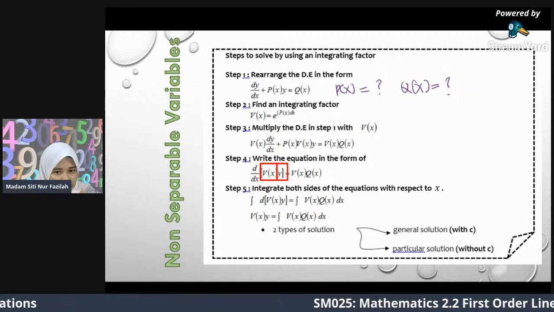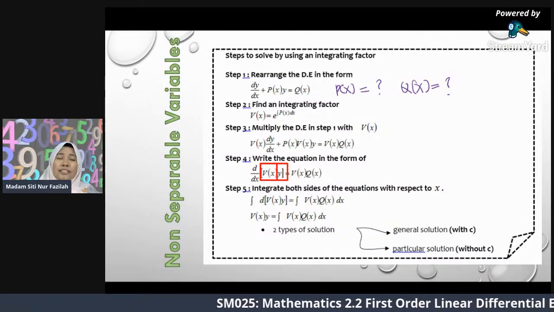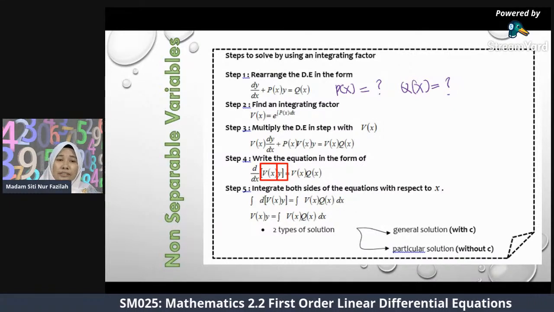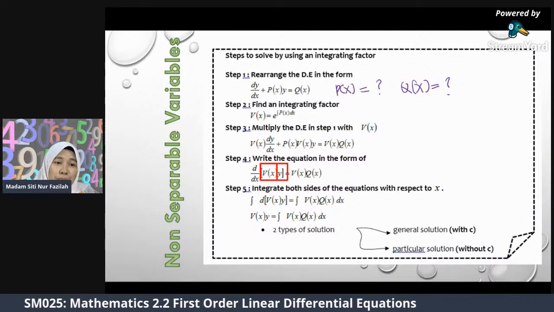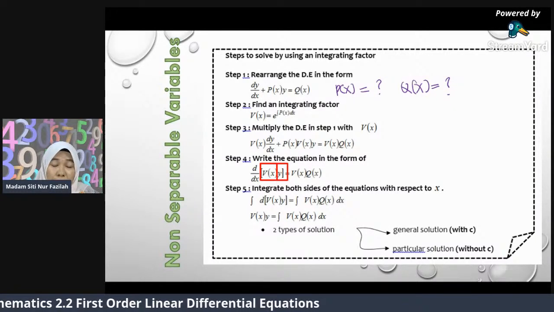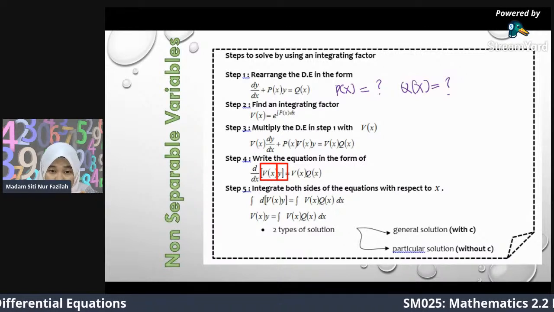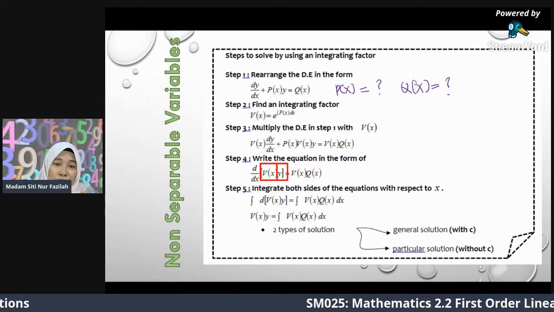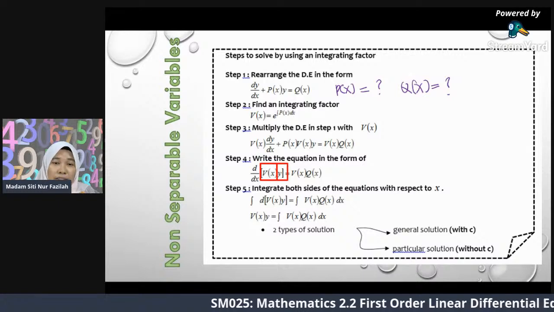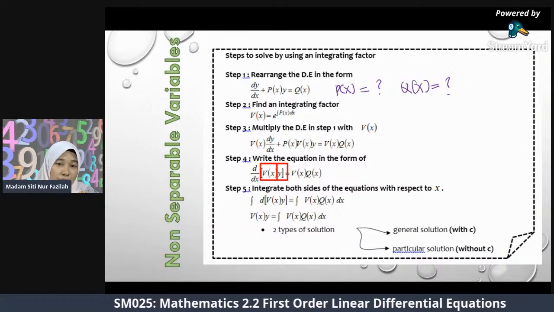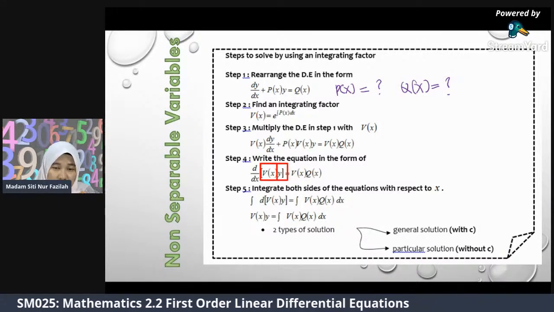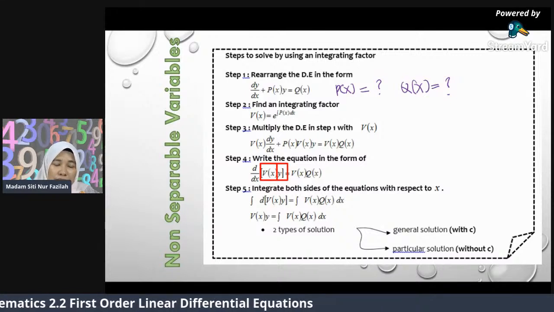After integration, we get a general solution. That means after integration, you must put plus C. If the question gives a condition, we substitute the values of x and y to get the value of C, and then substitute back into the general solution to find the particular solution.